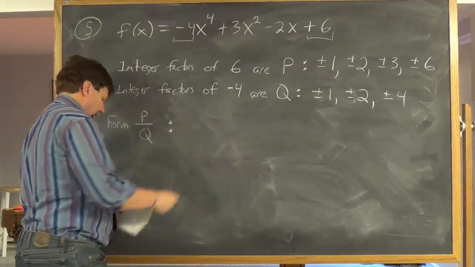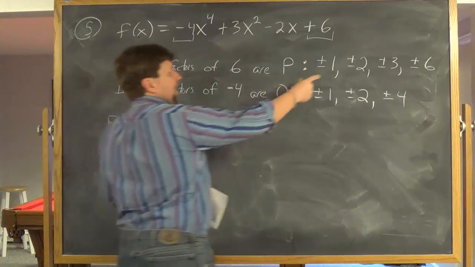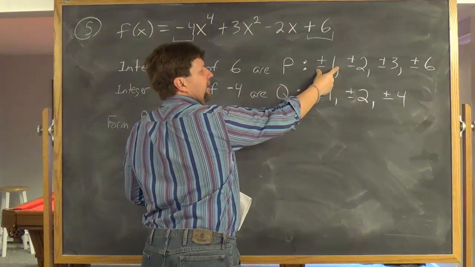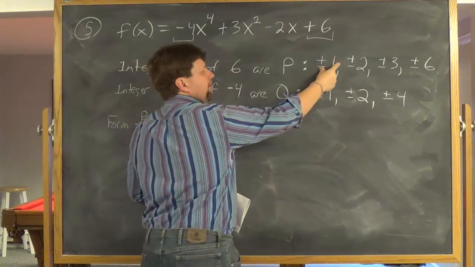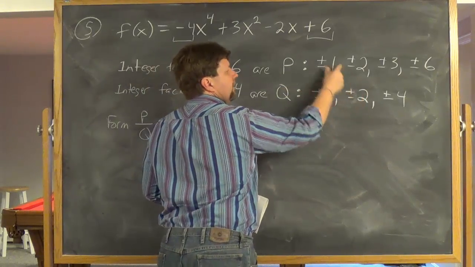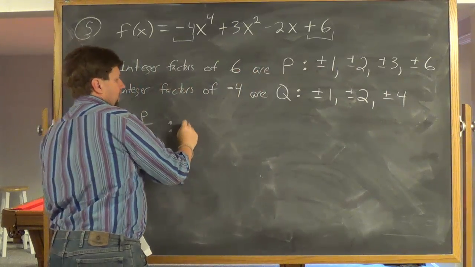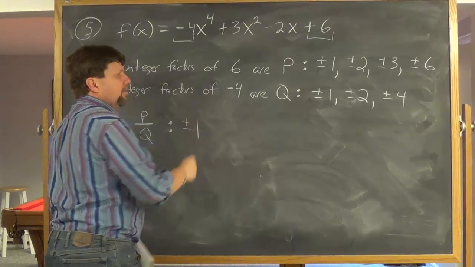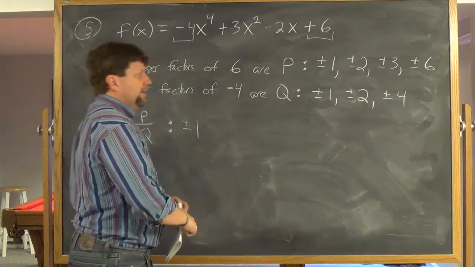So here we go. Let's just start listing them. Now here's how I do it. I'm going to take the first factors of p, plus or minus 1, and I'm going to do p over q, p over q, p over q. So that will give me plus or minus 1 over plus or minus 1, which is just plus or minus 1.